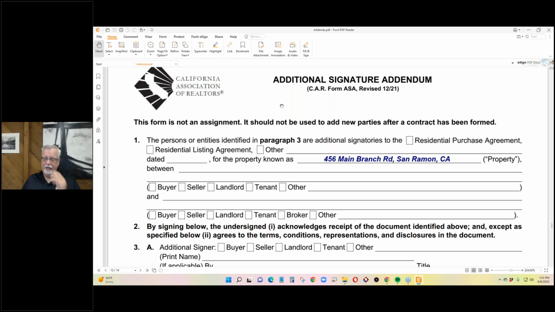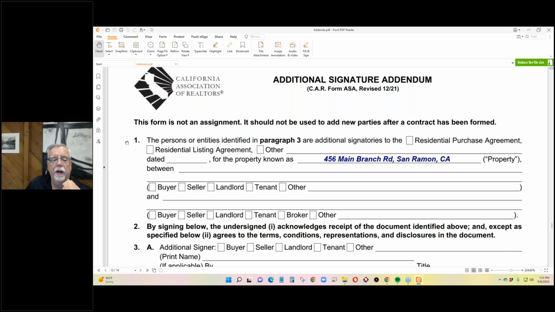Additional signature addendum. I hate this form personally because I've had too many clients where there were like 5 buyers and 4 sellers, and it's just a pain, right? But sometimes you have more than 2 buyers and more than 2 sellers.